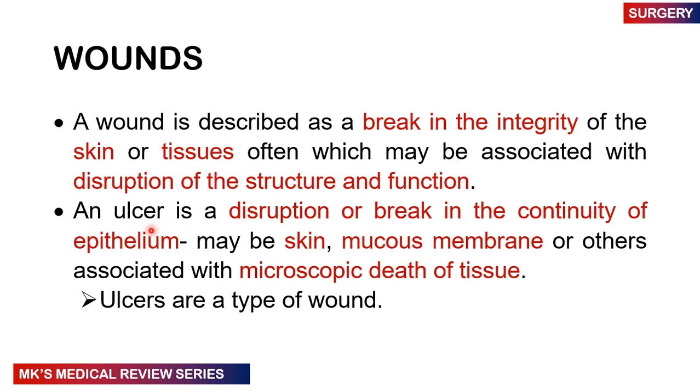Then when I talk about an ulcer, this is a disruption or discontinuity or a break in the continuity of the covering epithelium, which may affect the skin or the mucous membrane, and is associated with microscopic death of tissue, associated with necrosis. So ulcers are actually a type of wound. I will do another lecture on ulcers on its own, so don't worry much about that.